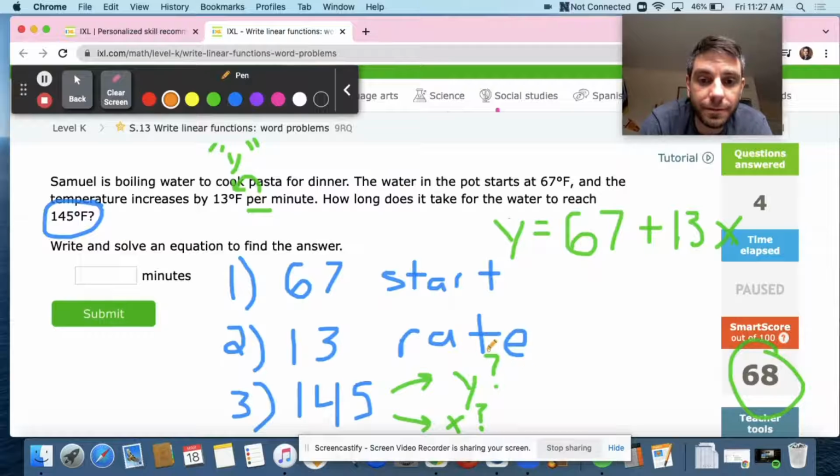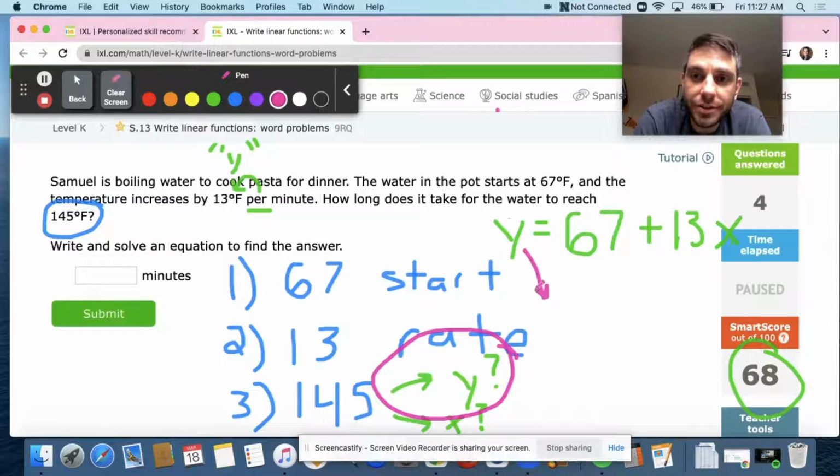So 145 is a y number. Why is that important? Well, we can go back to our equation and change the letter y in the equation to the y number that they're providing for us. So y changes to 145.